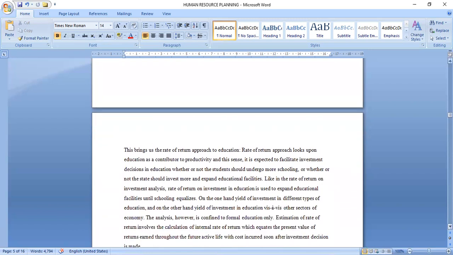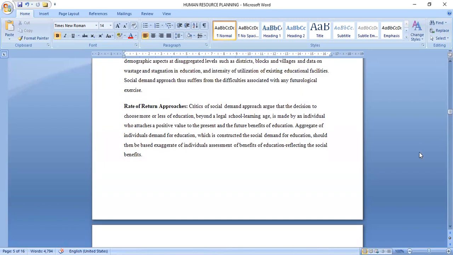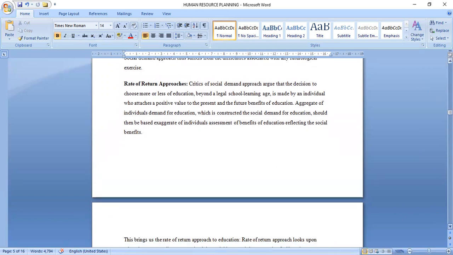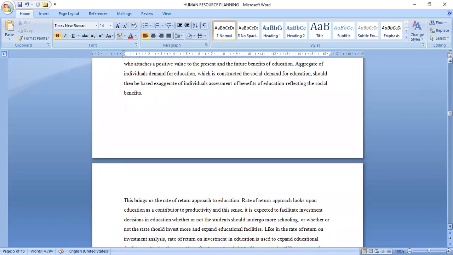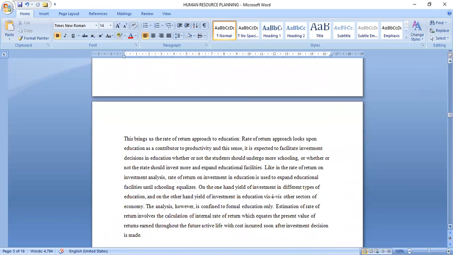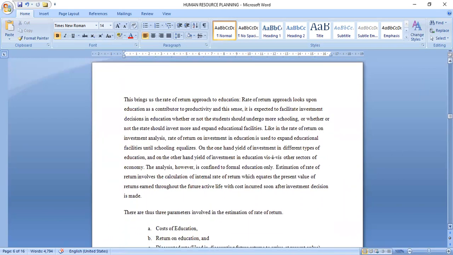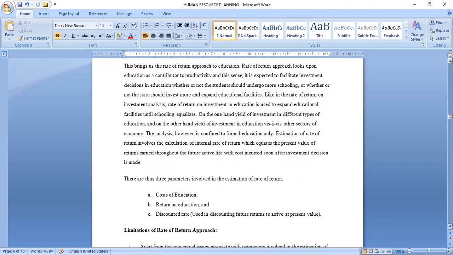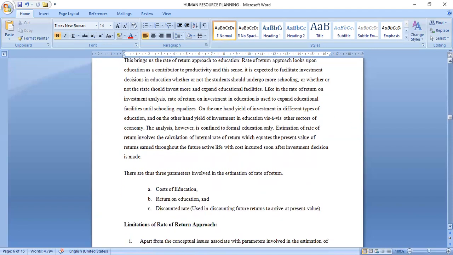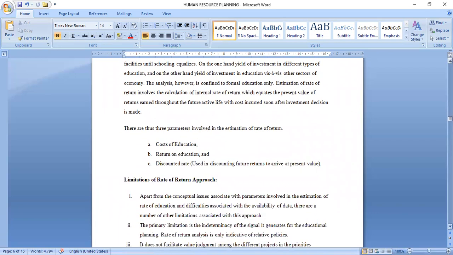So the rate of return approach says it is good for high proportions of citizens to be educated, but the question is, how are they contributing? What is their rate of return? How are they contributing to productivity to the nation, in terms of goods and services produced?